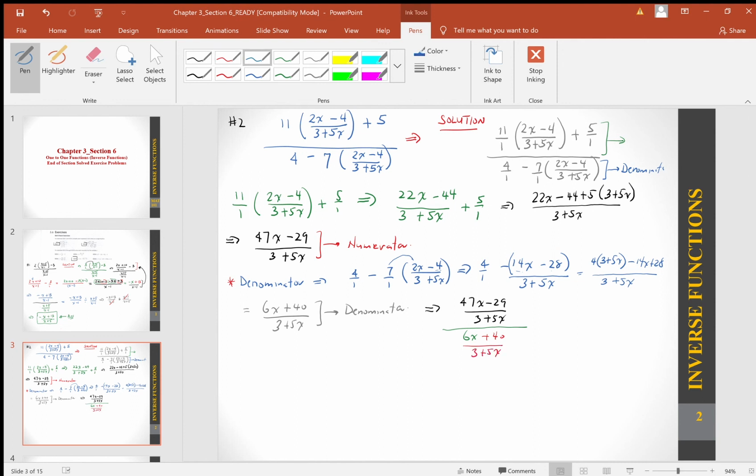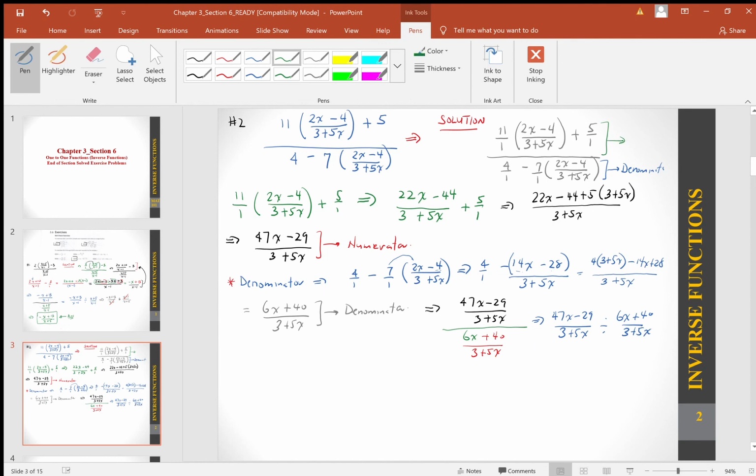Again, when you take this further, you're going to get (47x minus 29) divided by (3 plus 5x), divided by (6x plus 40) divided by (3 plus 5x).